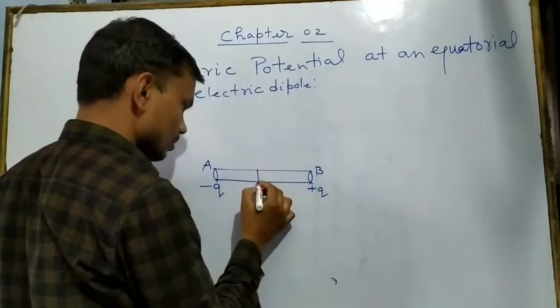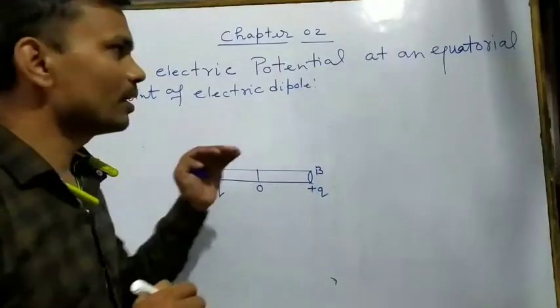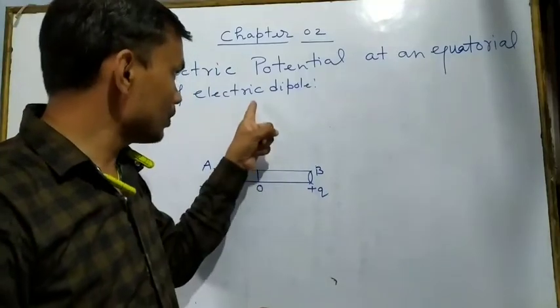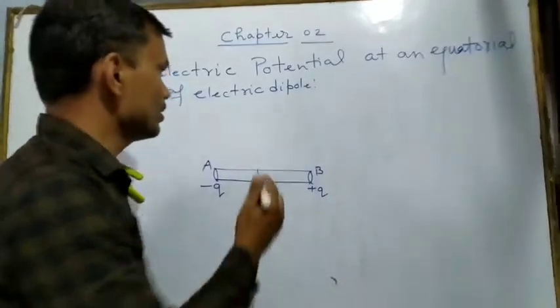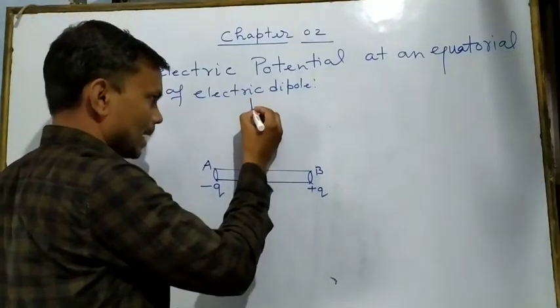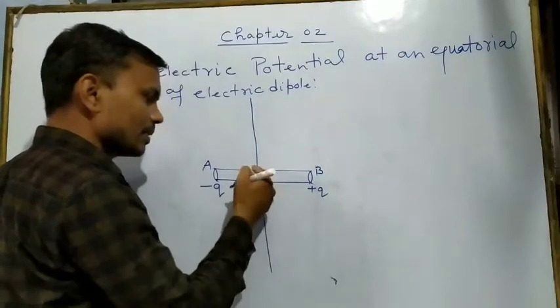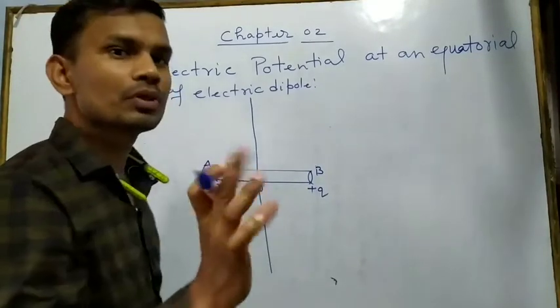And this is the center. So equatorial point, already you know, means a line which is the perpendicular bisector of this electric dipole. This is known as the equatorial line, means this is perpendicular bisector. Perpendicular means it is making 90 degrees and it is dividing the dipole into two equal parts.